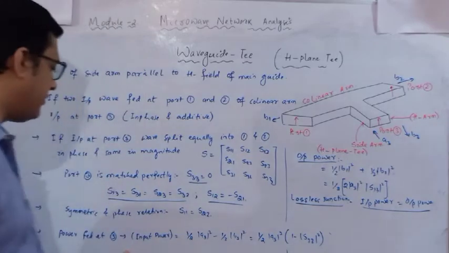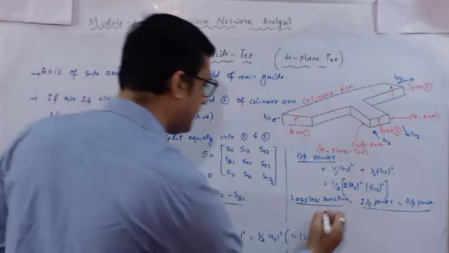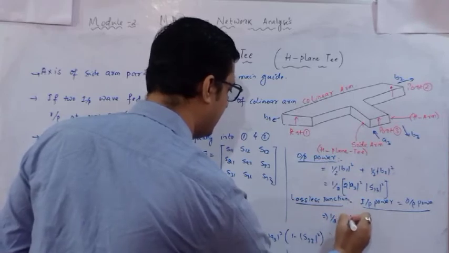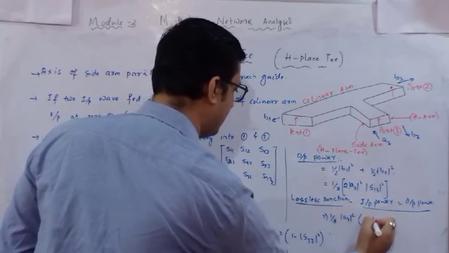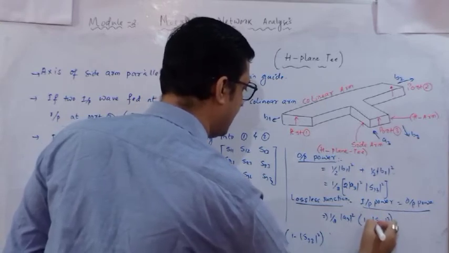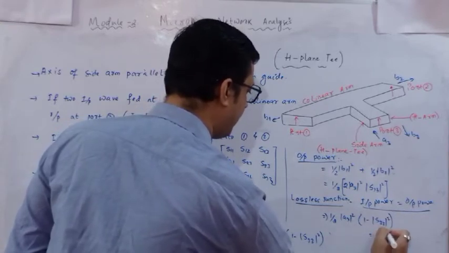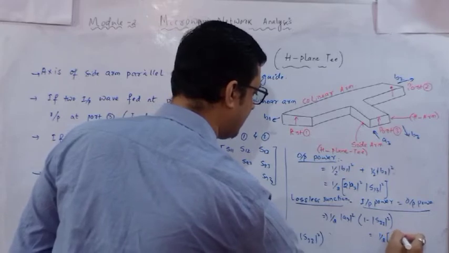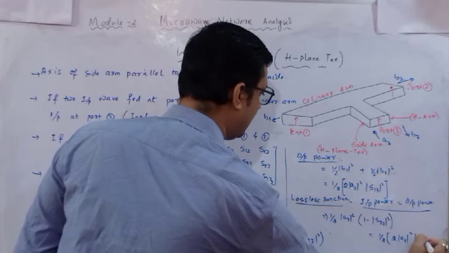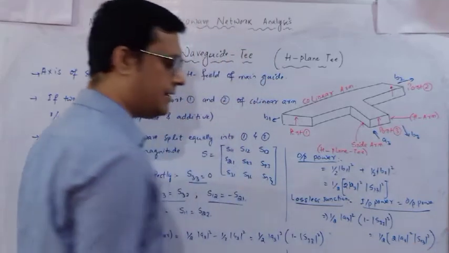Now what is my input power? Input power is half mod A3 square whole into S33 whole square, and output power is half into twice mod A3 square S13 mod whole square, like this.